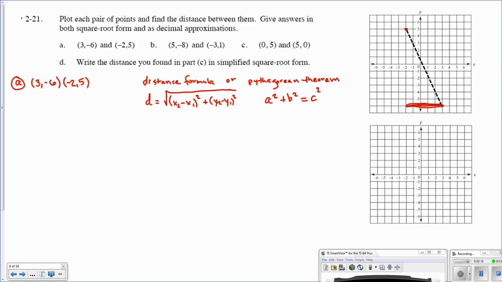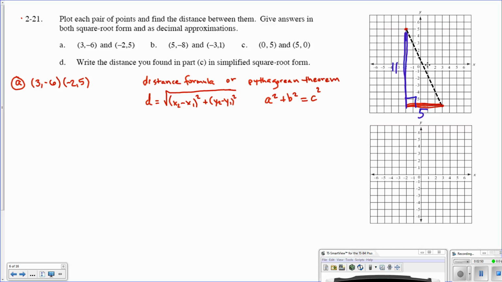And then our vertical distance between the points, when we draw that on here, you'll see that this is going to make a right triangle. In which case, we know the distance from -2 to +3 is going to be 5 units. And the distance from -6 all the way up to 5 is going to be 11 units.